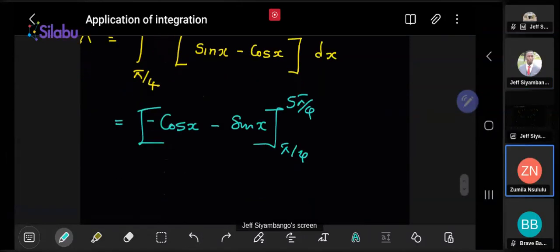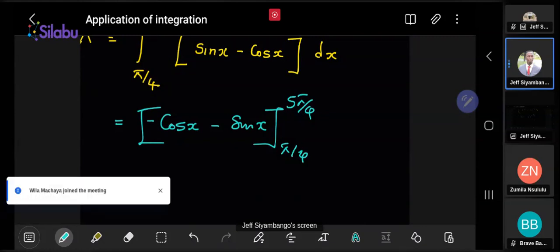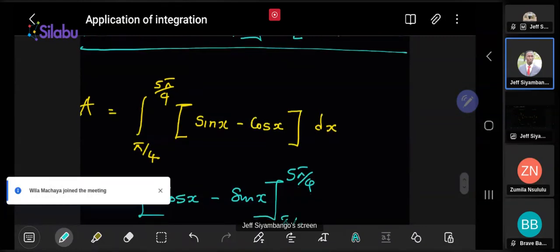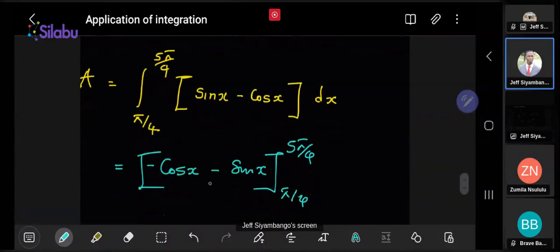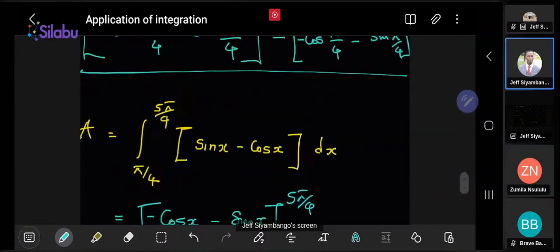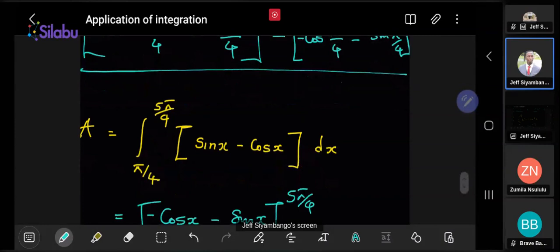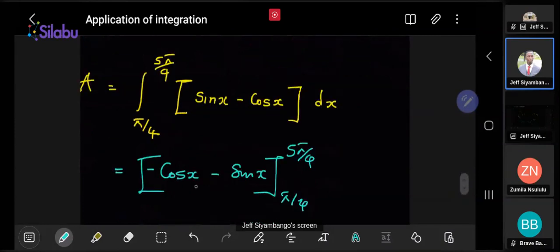Now you plug in the 5 pi over 4 first, which gives you this, and then minus, you plug in the pi over 4 next, which gives you this.